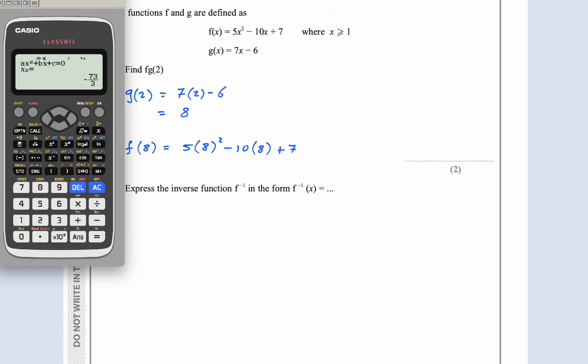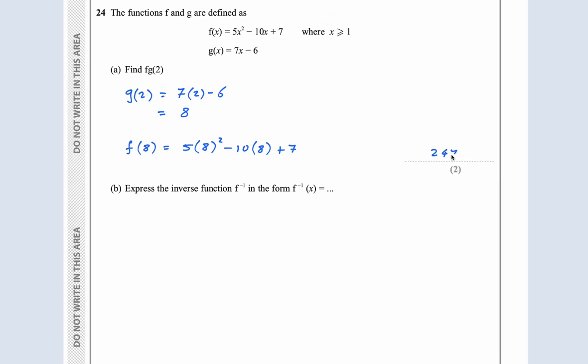I think this requires a calculator. 5 times 8 squared minus 80, 8 times 10, plus 7 is 247. So this is 247.